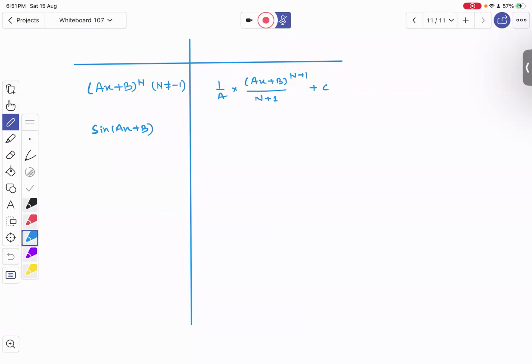So the integration of sin(ax plus b) will be minus 1 by a cos(ax plus b) plus c. Integration of cos(ax plus b) will be 1 by a sin(ax plus b) plus c.